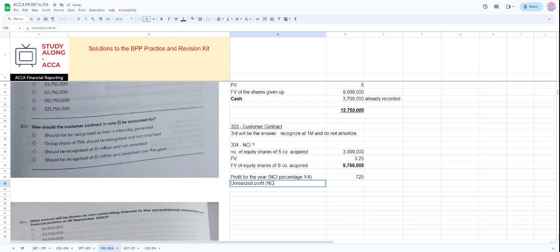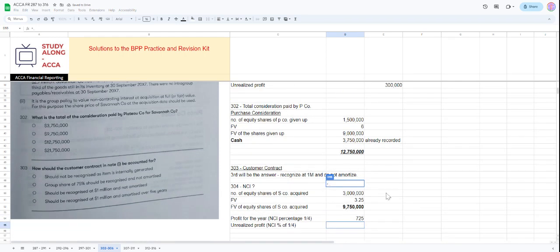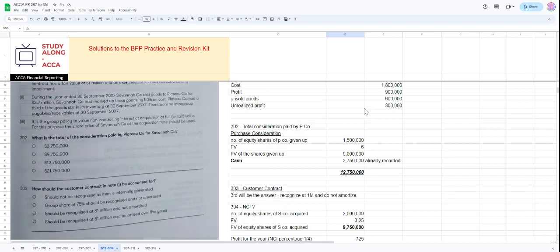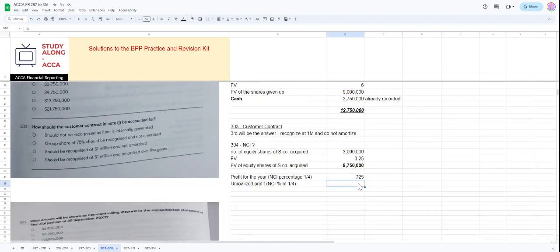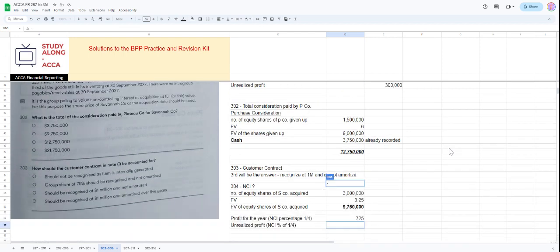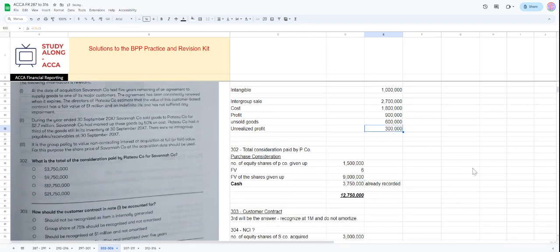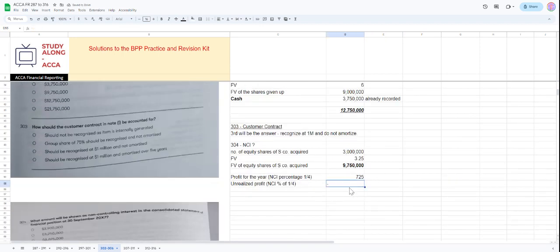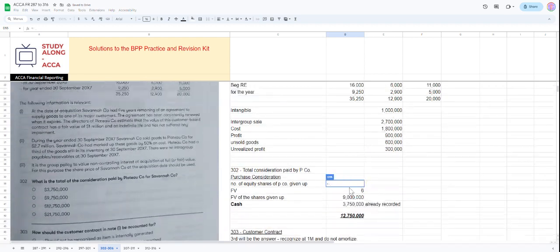Unrealized profit also we will take NCI percentage of one fourth. Okay. So what is the NCI? So we already calculated that unrealized profit was 300,000 here. So we will just take one fourth of it. Okay. So the unrealized, it will be a minus adjustment. How we are going to do it is we will take this 3,000 divide by 4.